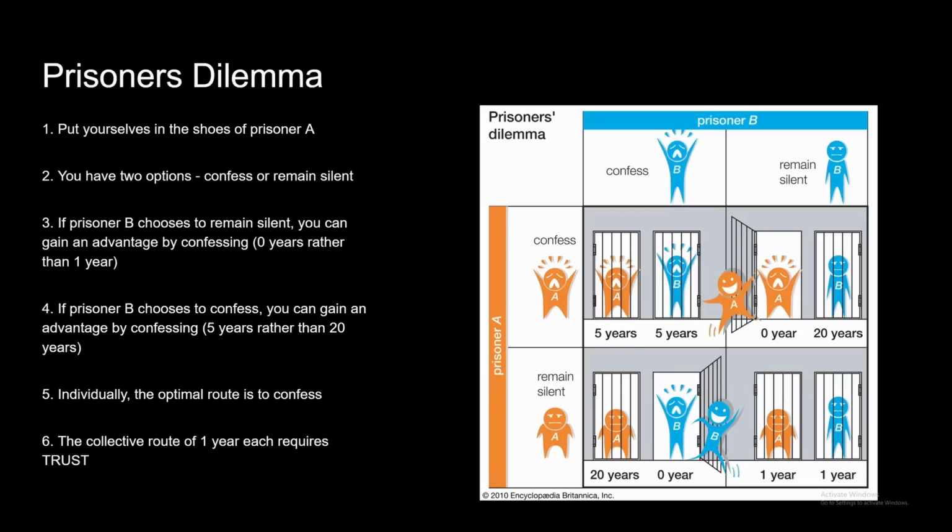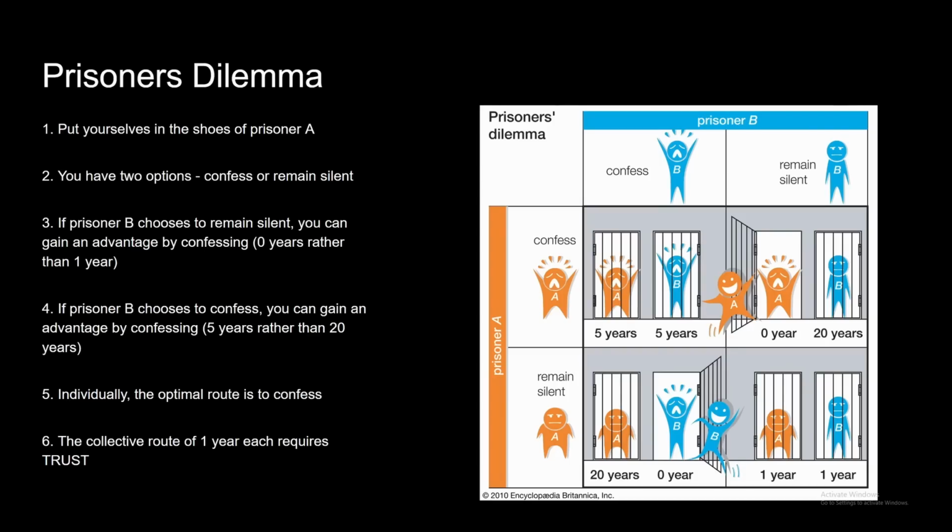And so to understand this, we are going to put ourselves in the shoes of prisoner A. So we have two options. We can either confess or we can remain silent. If prisoner B is choosing to remain silent, then we can actually gain an advantage by confessing and getting 0 years in jail rather than 1 year by remaining silent. And if prisoner B is choosing to confess, then we can also gain an advantage by confessing.